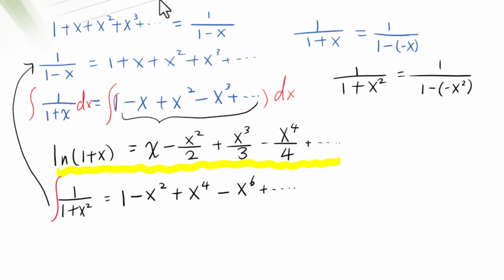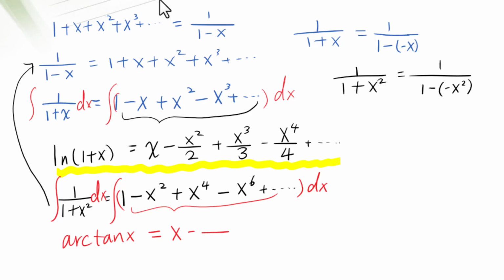Both sides, we will do the integral. The integral of 1 over 1 plus x squared dx is arctangent x, which equals the integral of this polynomial function: x minus x to the third power over 3 plus x to the fifth power over 5 minus x to the seventh power over 7 and so on.